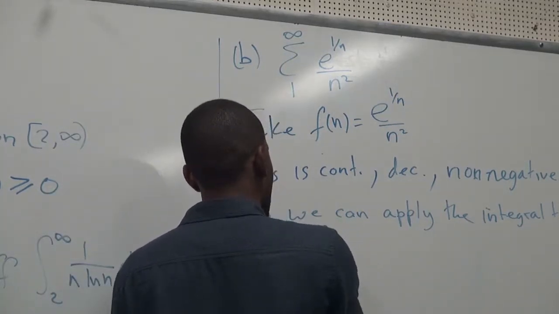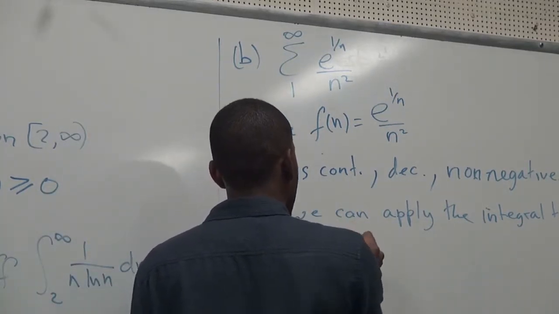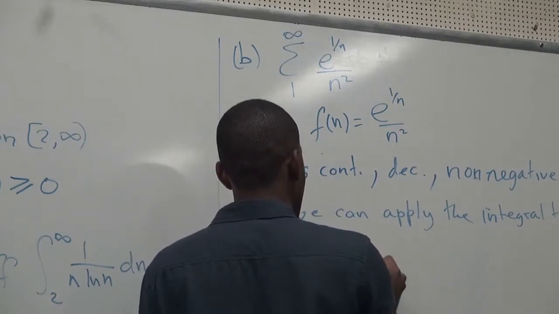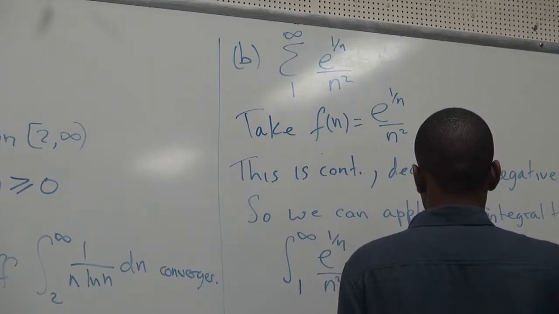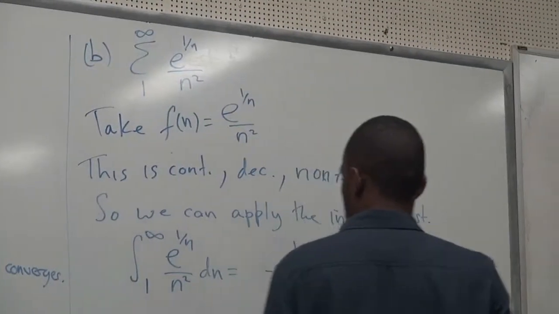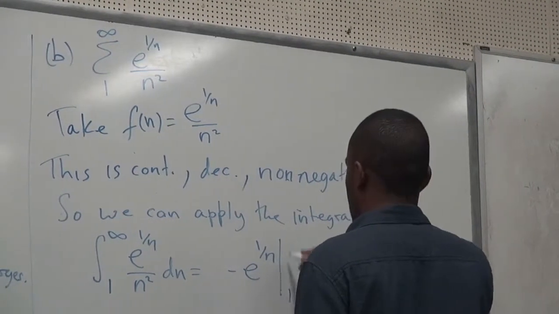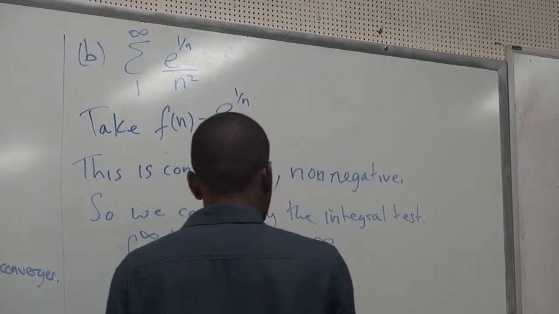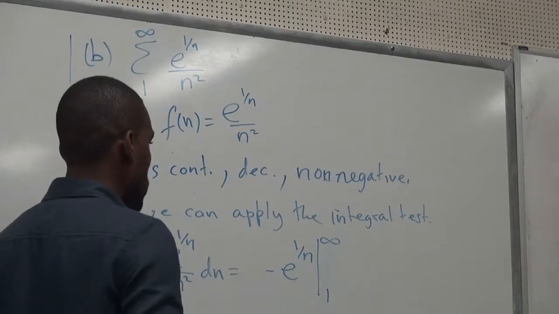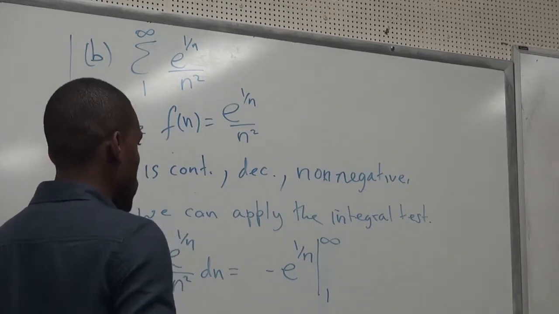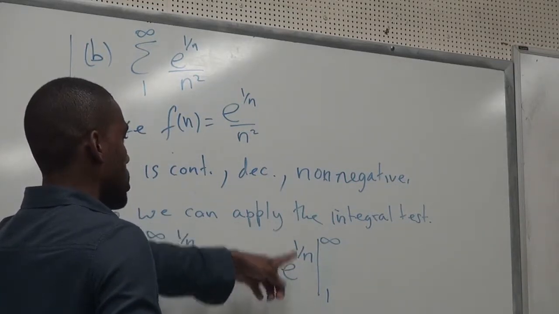So we have the integral from 1 to infinity of e to the 1 over n, over n squared, dn. This is equal to minus e to the 1 over n. And then you would plug in infinity. 1 over infinity is 0, so e to the 0 is 1.